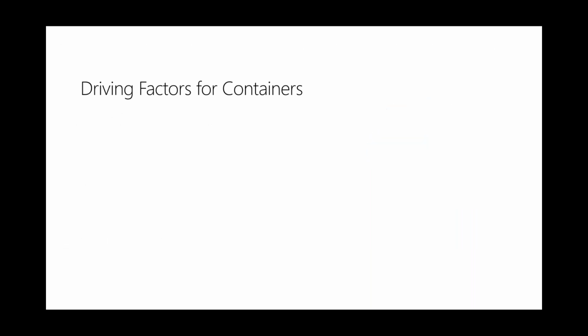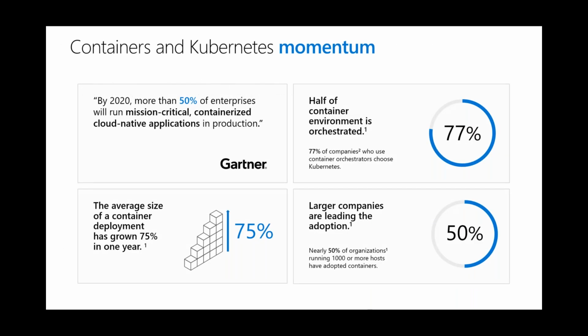Some of the things that help understand where Kubernetes is at in the world today are shown here. 77% of companies who use containers are using Kubernetes to orchestrate that, and that's mainly because those customers require that extra scaling and scale out and cost savings that they can get from the Azure Kubernetes service, rather than using just the Azure Container Instance.